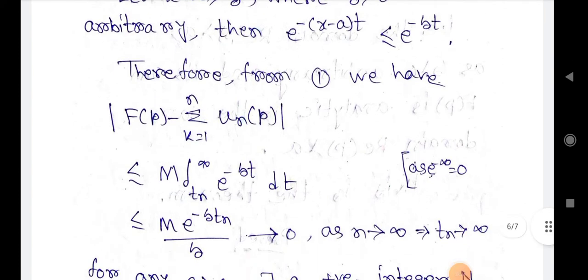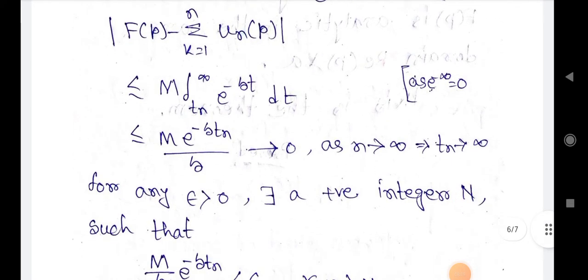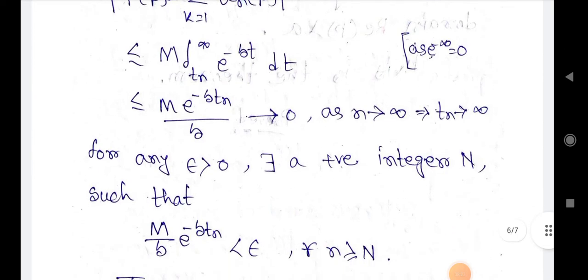Therefore, from 1 we have mod of F(p) minus the summation of k equals 1 to n of u_k(p) less than or equal to capital M into the integral from tn to infinity of e to the power minus delta t dt, less than or equal to capital M into e to the power minus delta tn by delta, which tends to 0 as n tends to infinity, since tn tends to infinity.